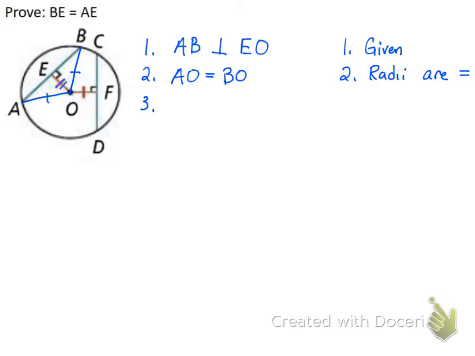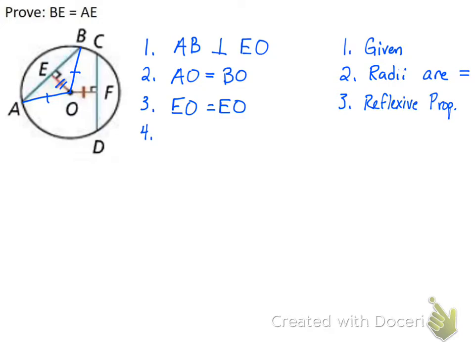I know that EO is equal to EO by the reflexive property. And so again, I have BO and AO are my hypotenuse. EO is a leg, and so I want to do hypotenuse leg.